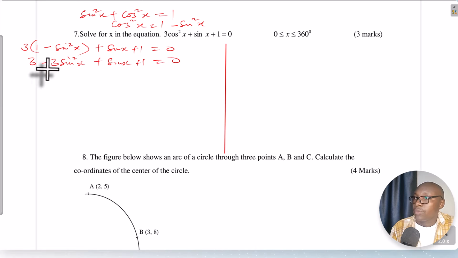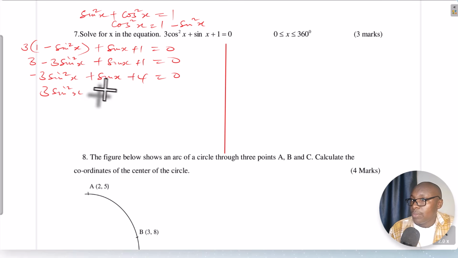Then you can reorganize this one. This is negative 3 sine squared x plus sine x, then 3 plus 1, that is 4, is equal to 0. Now eliminating the negative by multiplying each term by negative, you get 3 sine squared x minus sine x minus 4 is equal to 0.